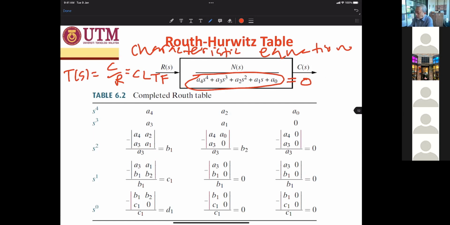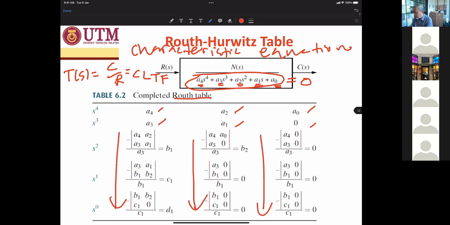Our concern is the coefficients of this polynomial, which are a4, a3, a2, a1, and a0. These coefficients will be inserted inside the Routh table as shown here: a4, a3, a2, a1, a0. Then you have to fill up the table using the formula shown here.